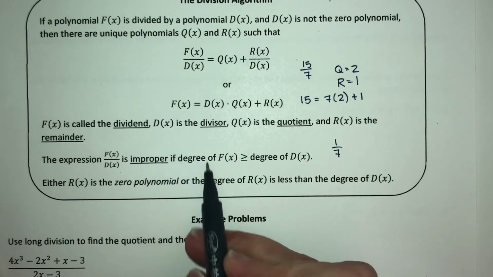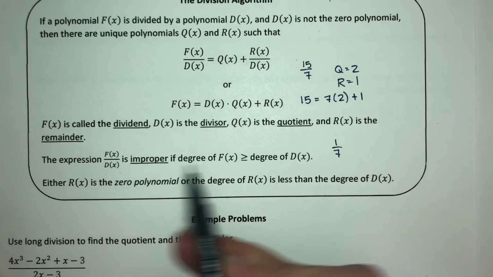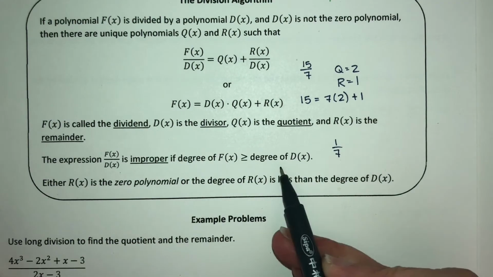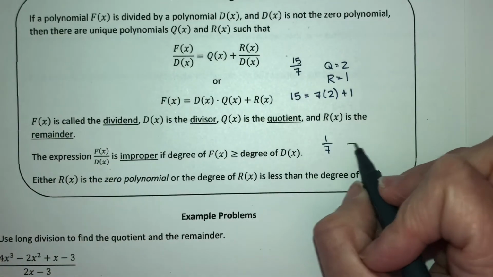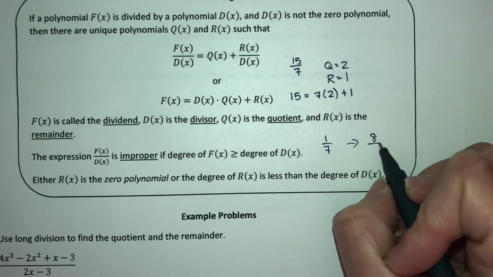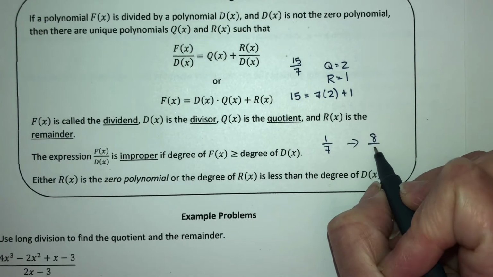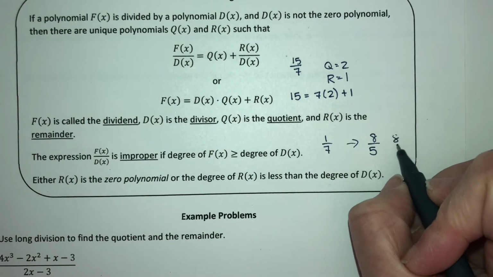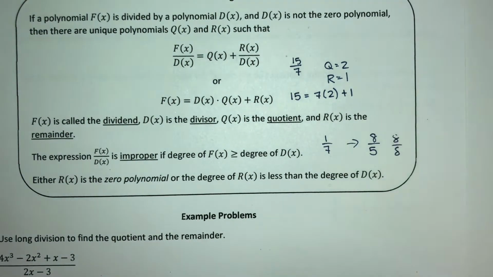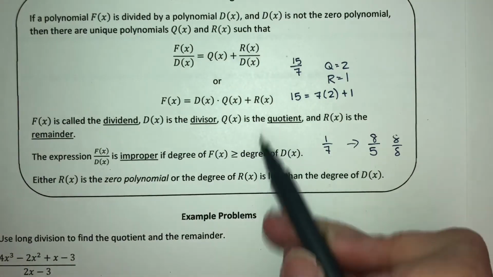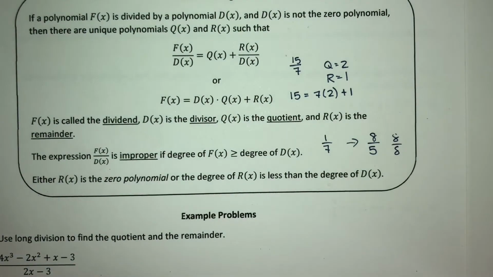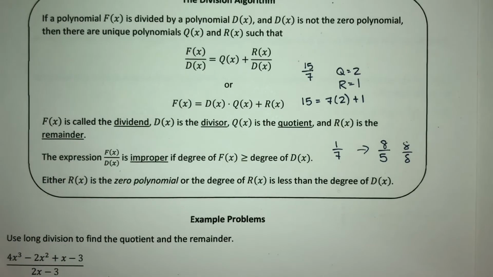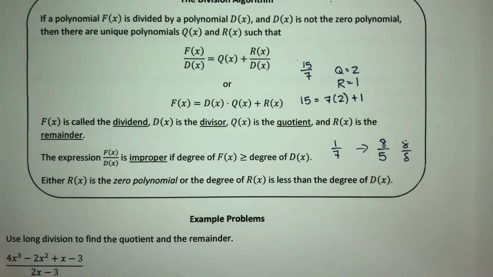So if the degree of the top is greater than the degree of the bottom, or thinking about it in arithmetic terms, if the numerator is bigger than or equal to the denominator, so if I had 8 over 8, each of these is improper. If the degrees are the same on the top and the bottom, it's improper. If the degree on the top is larger than the bottom, it's improper.